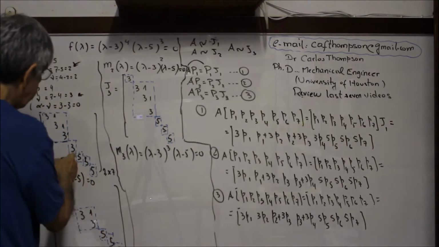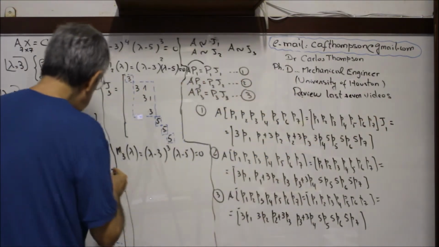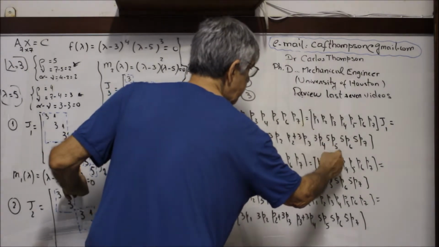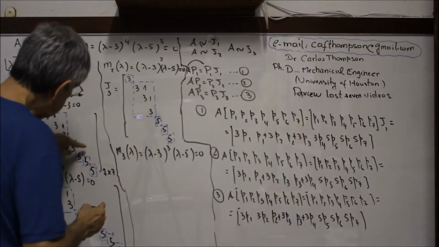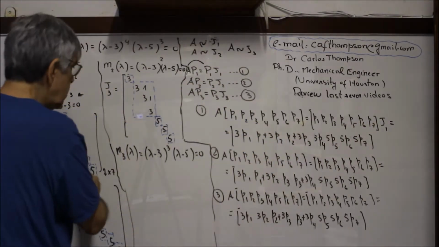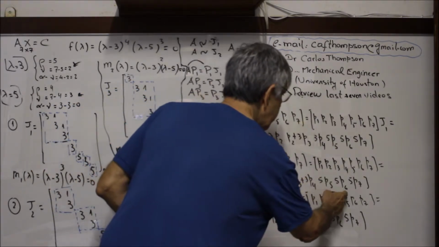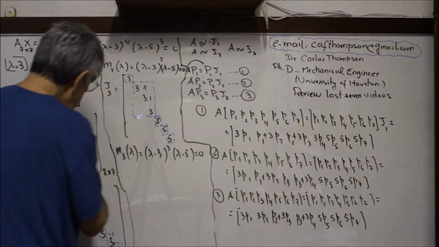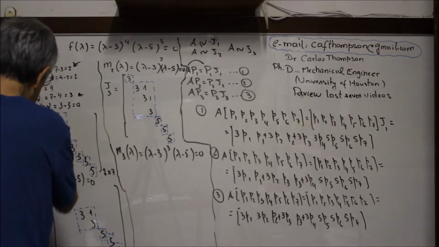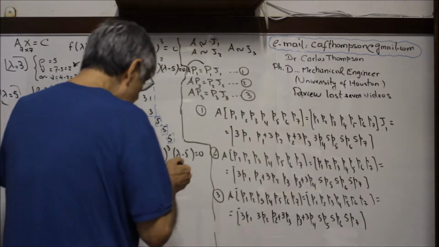Now comes 5. Then you write this row times 5, which in this case is 5P5. Likewise, this column times this column will be 5P6. And the last 5 here, if you multiply this row by this J1, you're going to have 5P7.